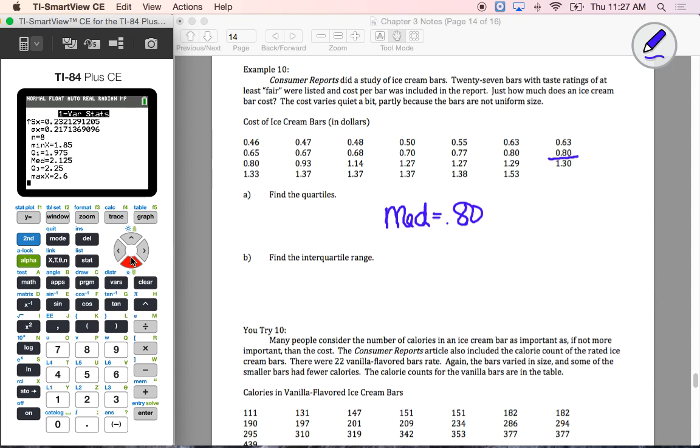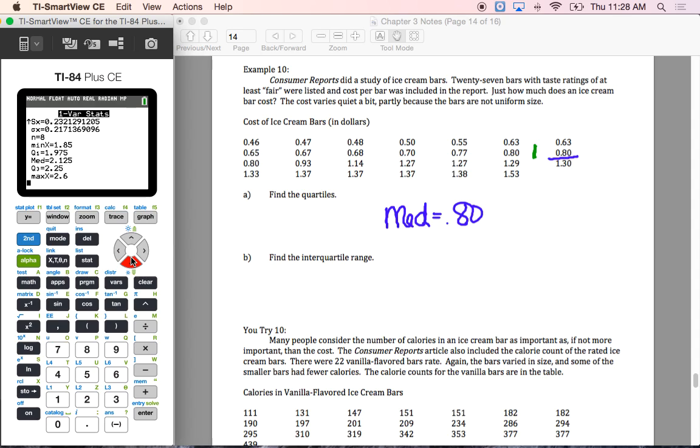Now, our median wasn't in either of the 13s because it was 27. If there was an even number, we would have to add the two middle numbers and divide by 2. Now, if I want to find Q1, what you're going to do is count how many numbers there are from the start up to 0.46, and you're not going to include the second 0.80. Where I drew that green line there, you're going to count those numbers.